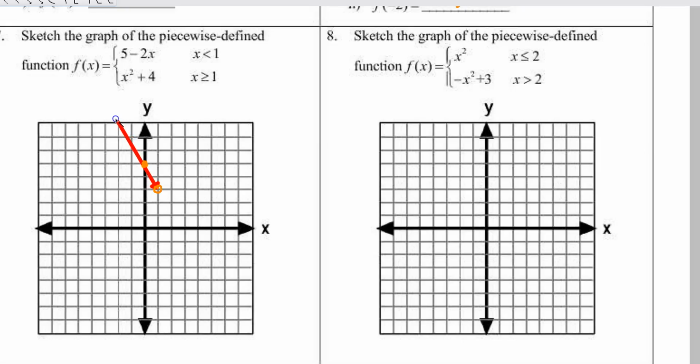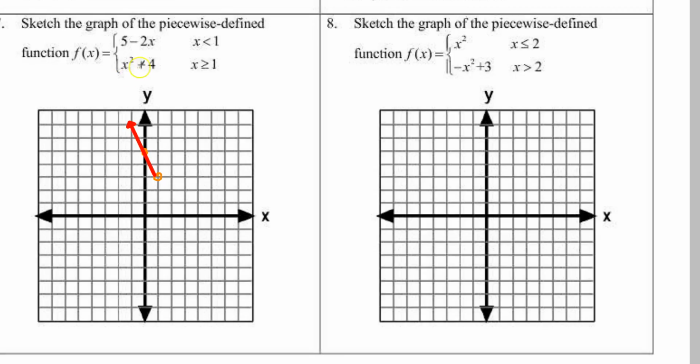So we're going to have a line that looks like that, and of course it drew backwards. We have that for our first part. And then for the quadratic, we have a quadratic that is shifted up 4 units. So it crosses the y-axis at positive 4.